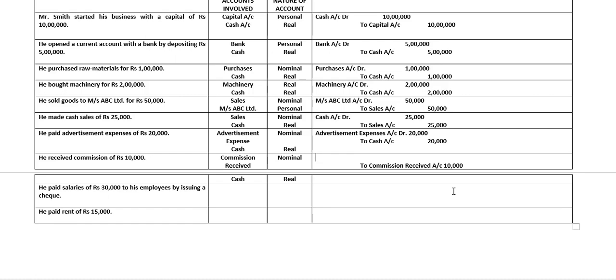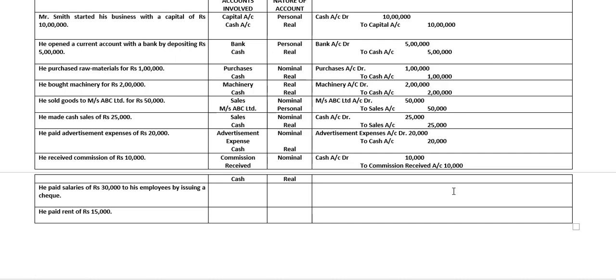Again, the cash is being received in this transaction, so cash will be debited. Debit what comes in. With the transaction amount. We're done with this as well.